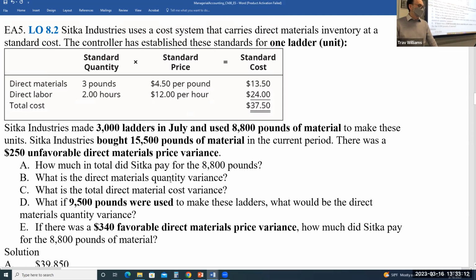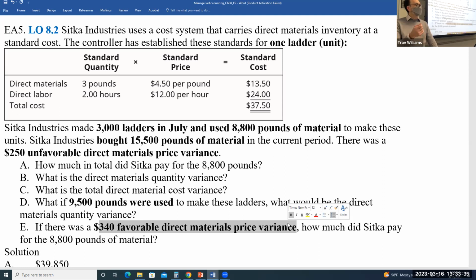again, to figure out what would be the amount that they paid if there had been this variance, we have to figure out, well, what would be the standard cost? We took 8,800 actual pounds that were used times the standard price. Now we know what was the standard cost for that level of production.